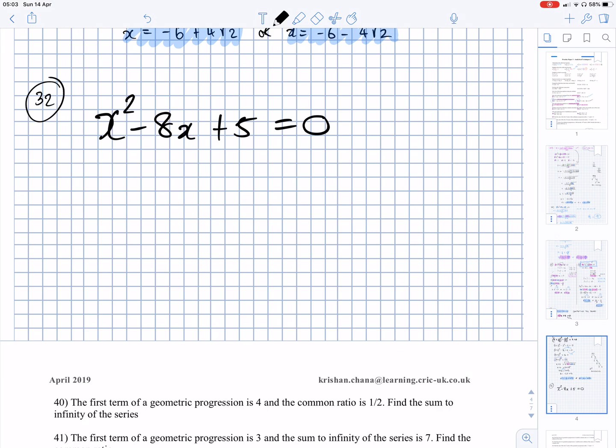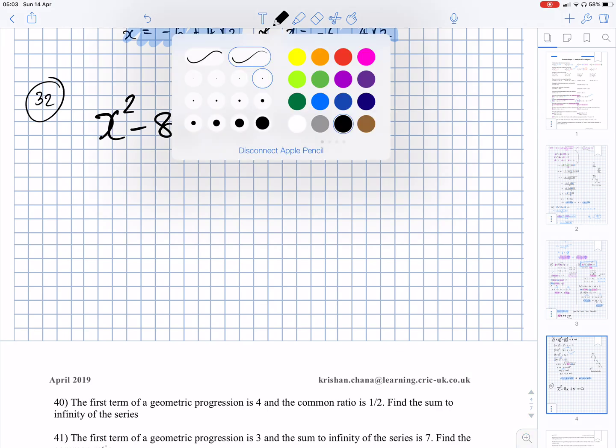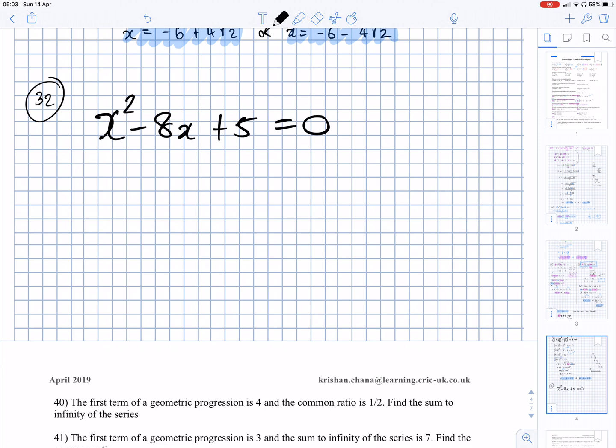So again, with this one here, we're going to go for the 8. So it's going to be x minus 8 over 2. We're going to square that, minus 8 over 2 squared plus the 5 equals 0.